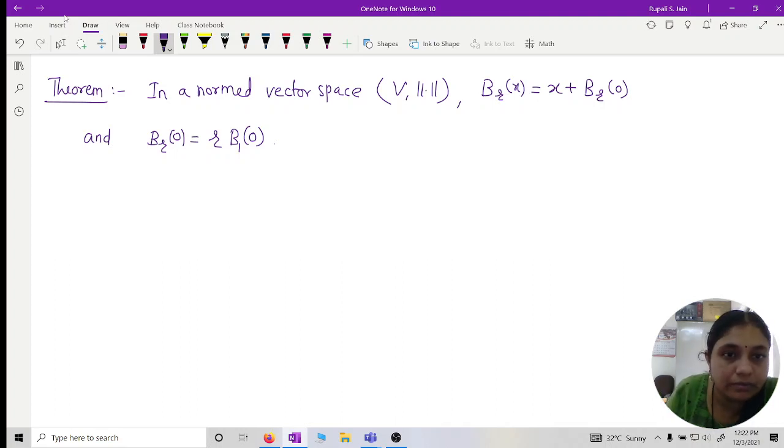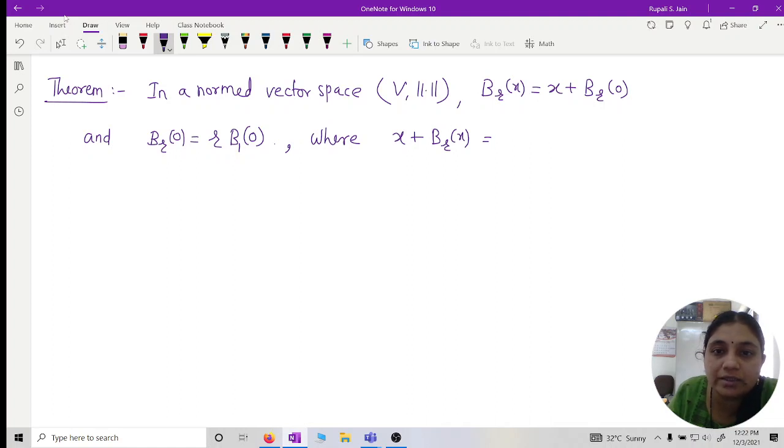Where, what is B_r at x? It is the open ball with center x and radius r, right?